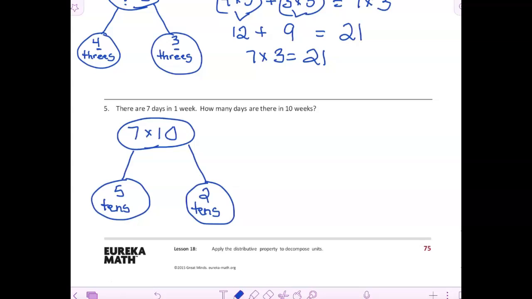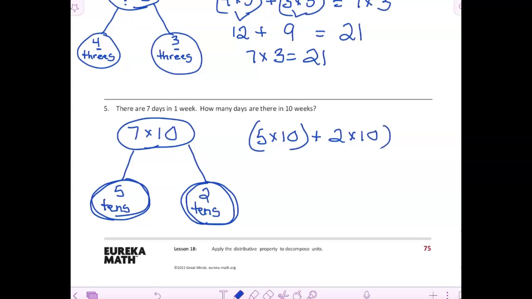Next, I'm going to write each of these as a multiplication problem. 5 times 10 and put it in parentheses plus 2 times 10 should equal my 7 times 10 that I started with. We're just breaking that down. Now we multiply each of these. 5 times 10 is 50, plus 2 times 10 is 20, which equals 70.